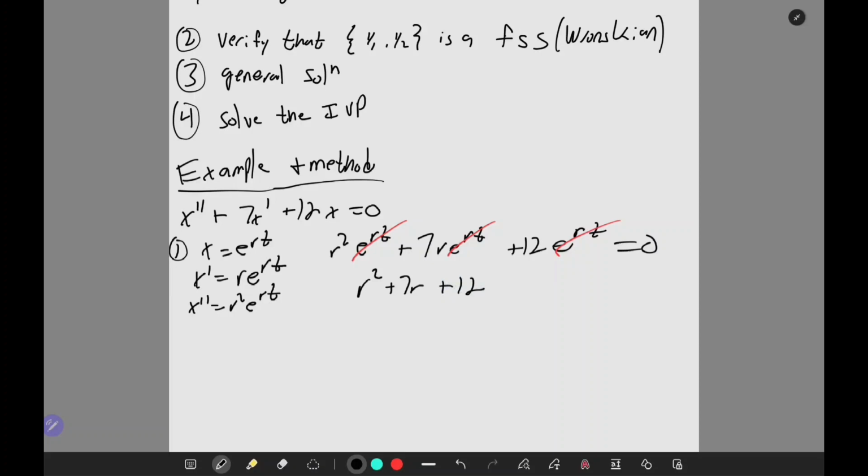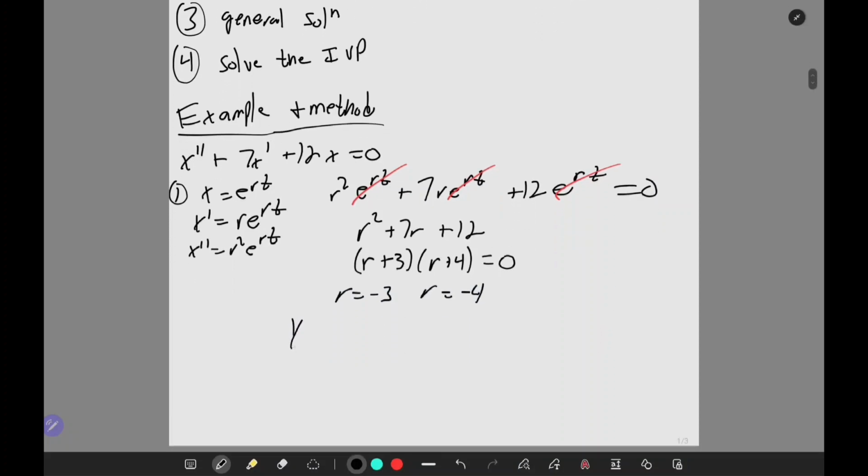This factors out very nicely: r plus 3 times r plus 4 is equal to 0. So r is equal to negative 3, r is equal to negative 4. Then we have our two solutions: y1 is e to the negative 3t, and y2 is e to the negative 4t.